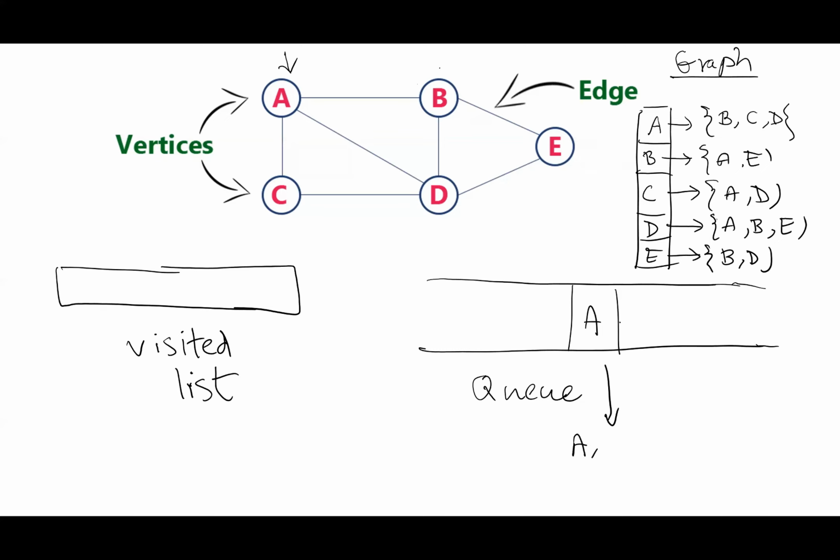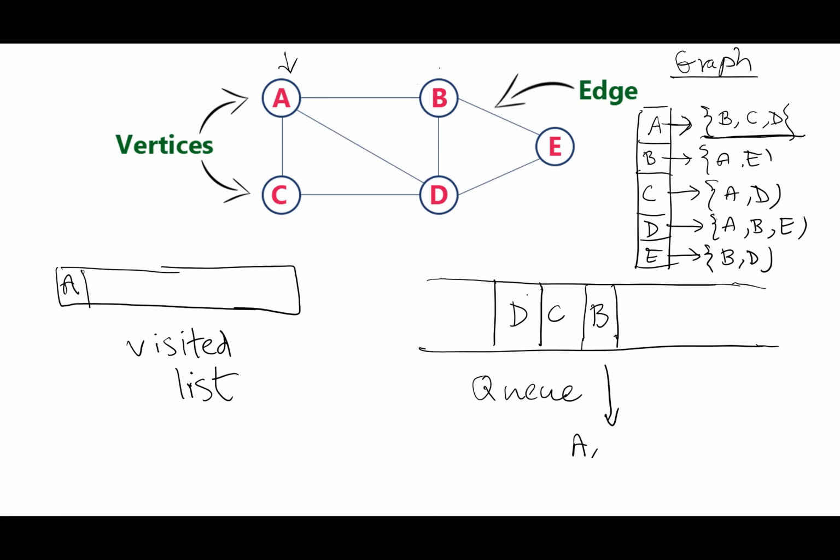As soon as we take out A, we add A into the visited list and put A's neighbors into the queue. What are A's neighbors? B and C and D, right? These three, B, C, and D.